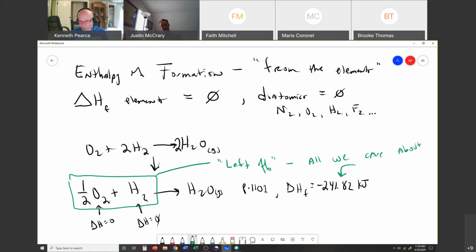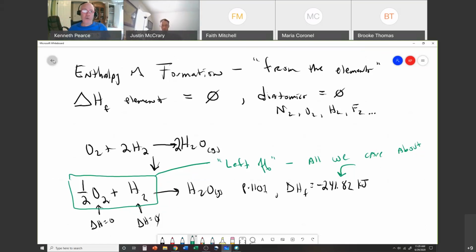From here on out, it's understood that when we talk about that delta H of formation, it came from the elements: oxygen, hydrogen gas, the diatomics, or elemental carbon, or whatever. If it was CH4, it's understood. The part that's boxed in green, it's understood that's there. But from here on out, we don't care.